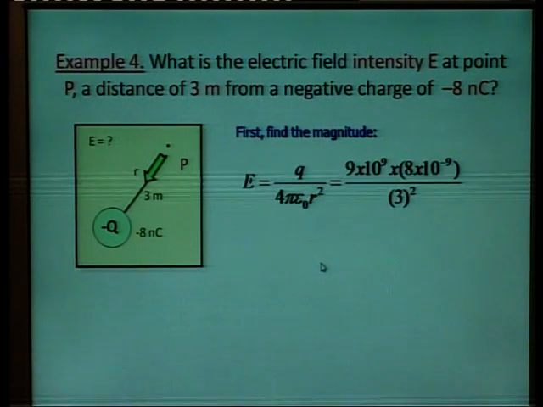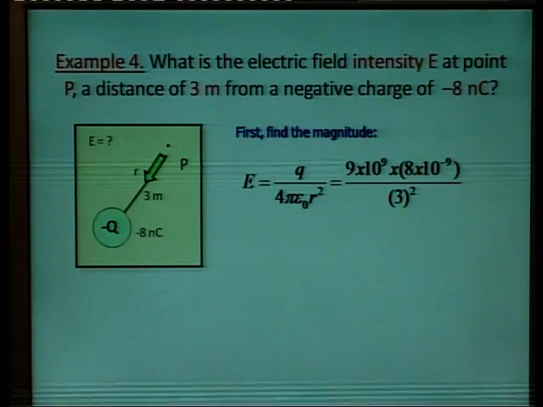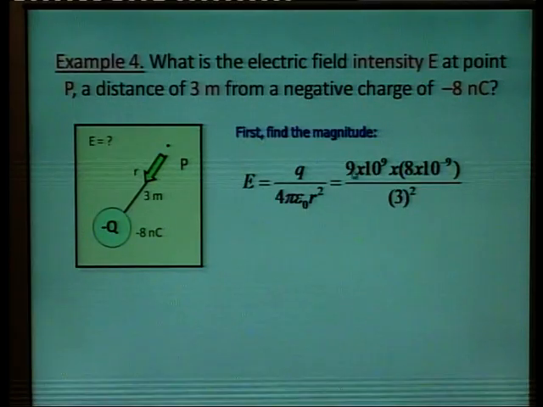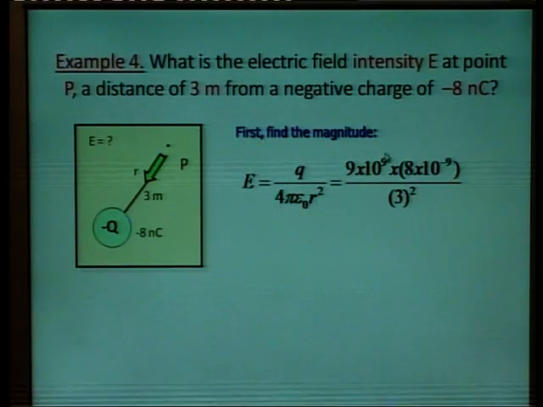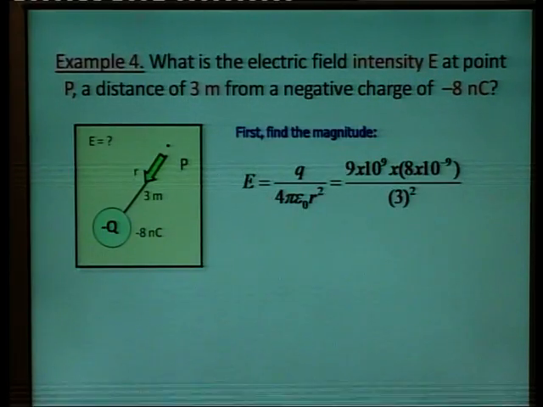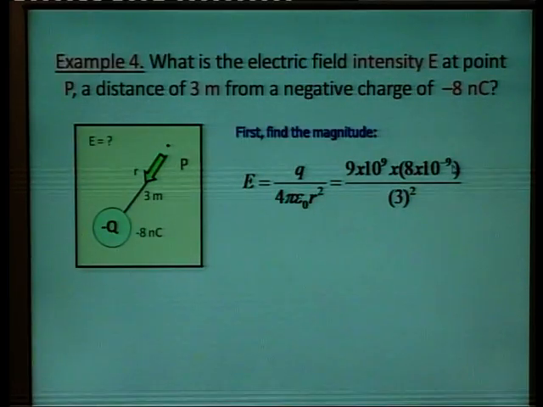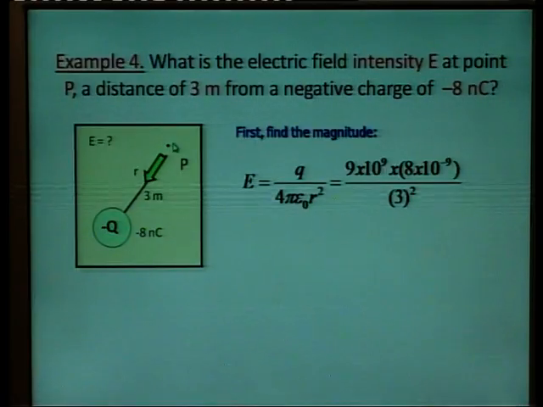First, find the magnitude. Electric field is given by q upon 4 pi epsilon naught r square. 1 by 4 pi epsilon naught gives you the value to be 9 into 10 to the power 9. Charge is 8 nanocoulomb. Nano means 10 to the power minus 9, divided by distance square. R here between the point charge and the point P is 3 meters.